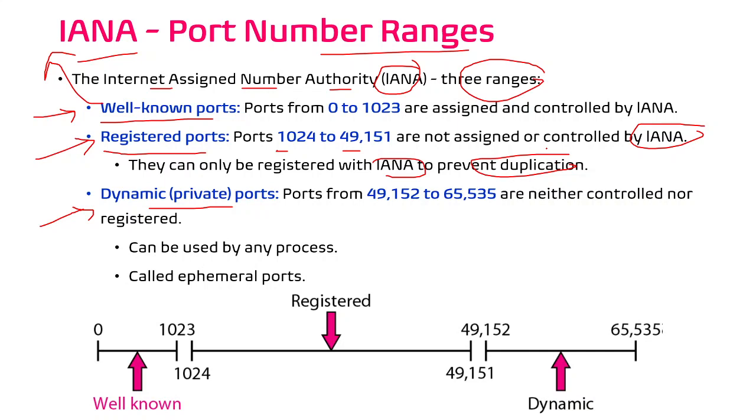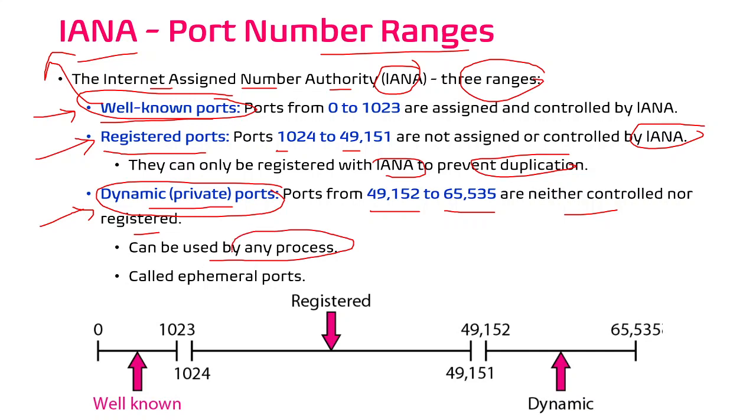These are called registered ports, and hence we use the well-known port numbers at the server side and dynamic, private or ephemeral port numbers at the client side. The dynamic range goes from 49,152 to 65,535. It is neither controlled nor registered, so it can be used by any process at the client side.